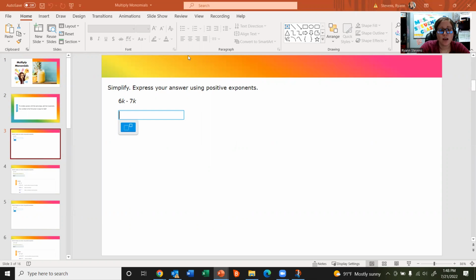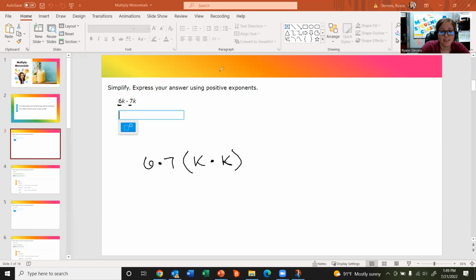We want to fix it if it's a negative exponent. So for this question, we have 6k times 7k. So in order to simplify, we could actually pull these numbers, these coefficients, off of the variables, and we could say 6 times 7, and then that would be multiplied by k times k, because each one of them has their own variable.